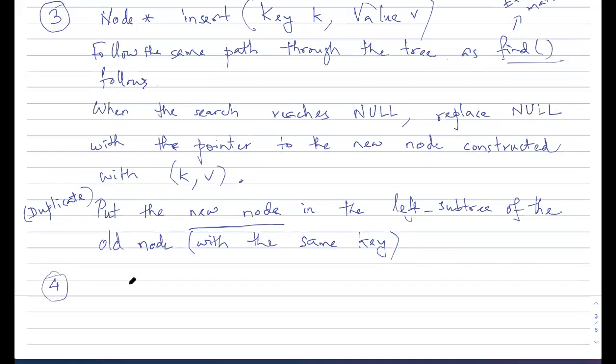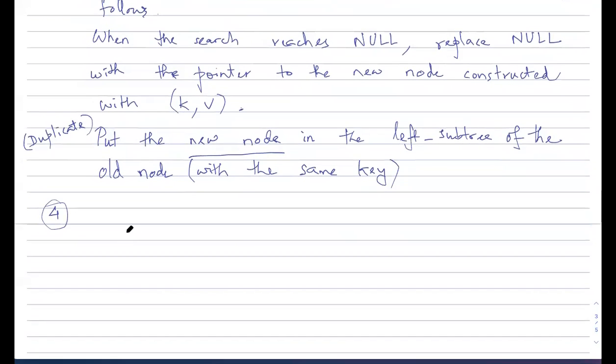Okay. Now we are at the home stretch in terms of the operations we can perform with the binary search tree. So this is remove. Node star remove. So when we are removing, what are we passing? I want to remove a node with what?